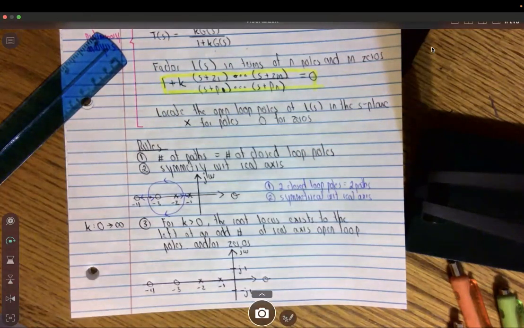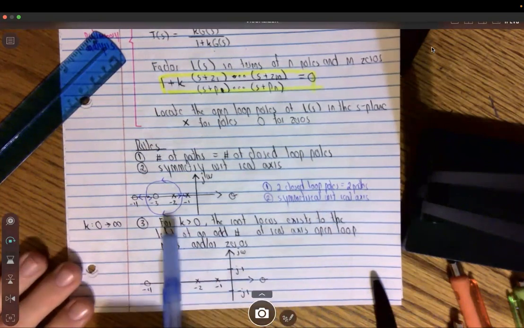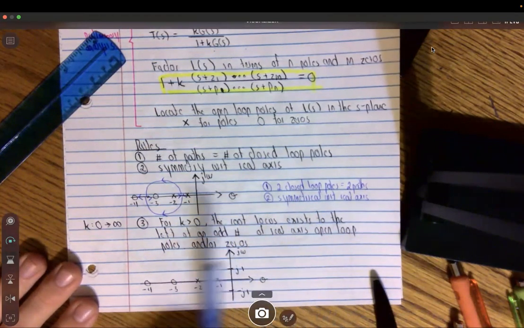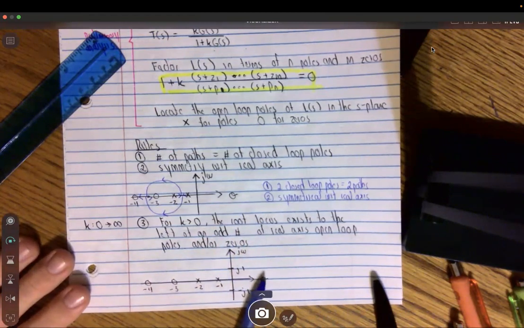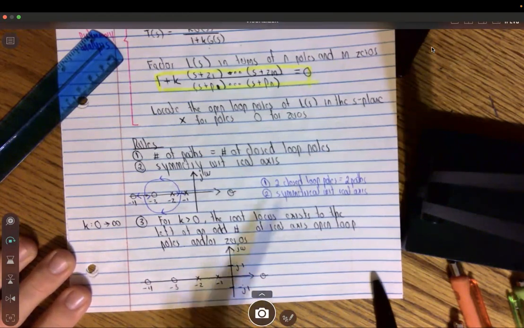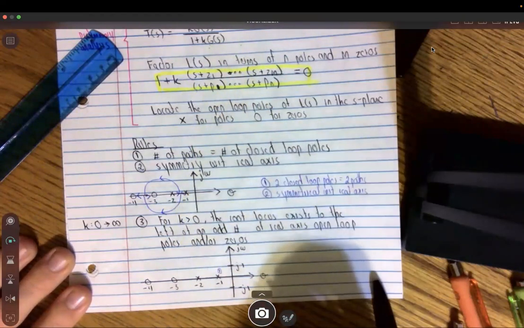Okay, so what we're going to notice is our root locus exists to the left of an odd number of real axis open loop poles and or zeros. So when I go from the right-hand side, I'm starting at the very rightmost point and I'm searching. Is there a pole or a zero as I move to the left? And I'm going to count each. So, oh, I ran into my first pole. So I'm going to just have a 1 here. This is an odd number.